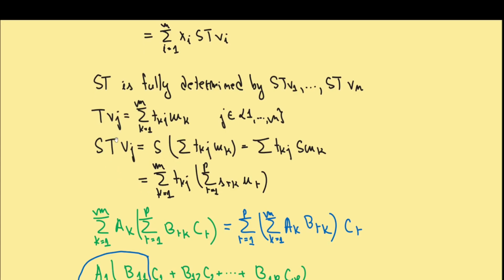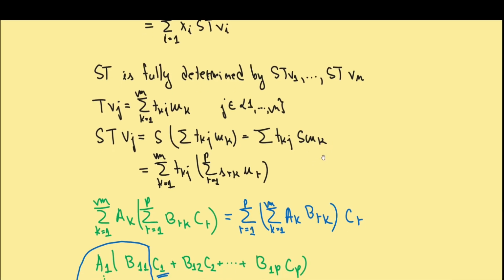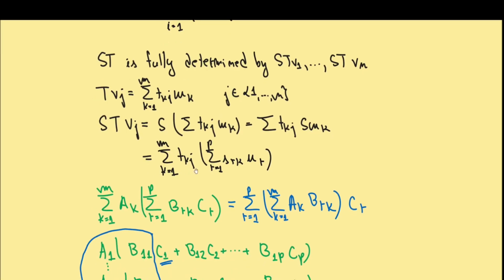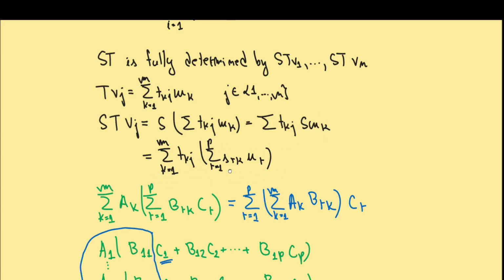So S acting upon this, again, S being linear, it gets inside of the sum and it acts upon the wk's, the basis vectors of W. And then we get this sum over here, with the same reasoning as before. They get mapped to some vector space U with basis vectors u1 all the way to up. So we get this sum over here.